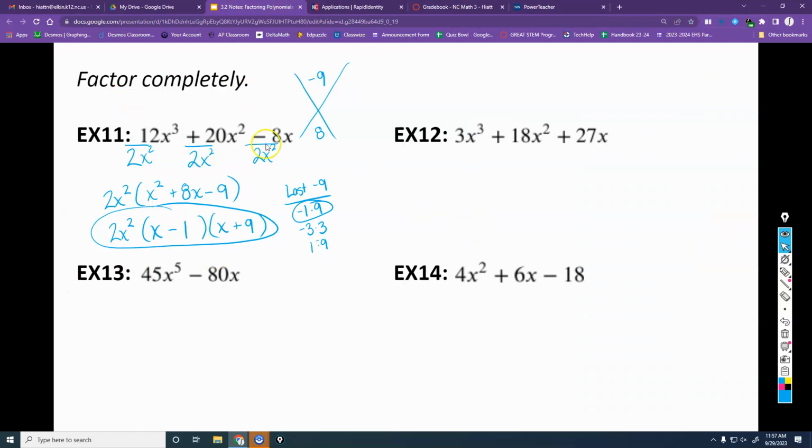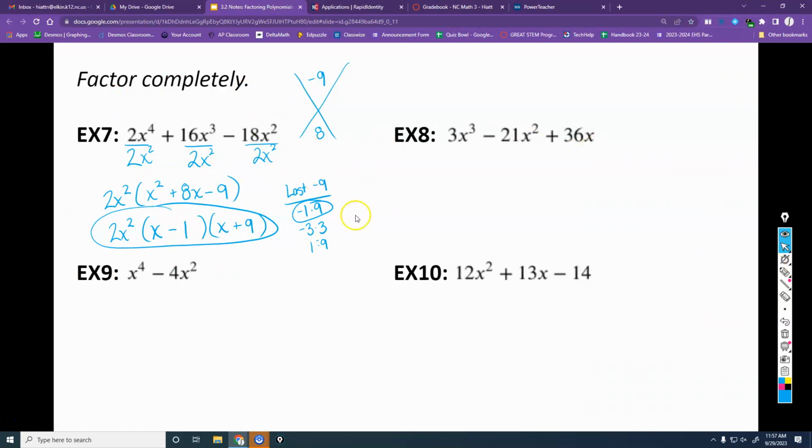Especially, we're going to do some Delta Math today, so especially on Delta Math, if you do that, that'll make sure you get it right before you type it in, and if you don't, you can ask questions before you do that.